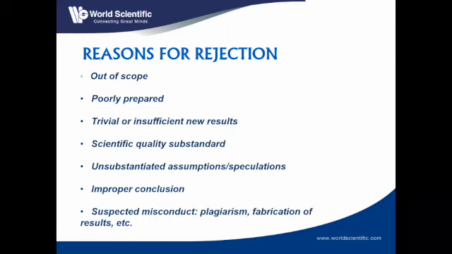Even if you have very good experiments and discussion, and you have a wrong conclusion, your paper will be rejected. Your paper will also be rejected if you have suspected misconduct like plagiarism or fabrication of results.